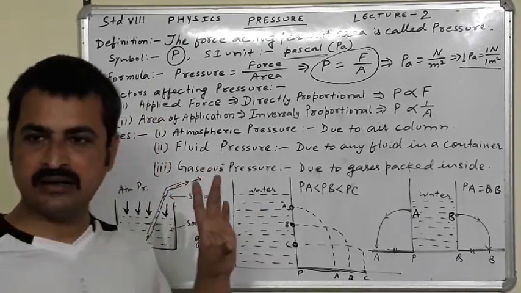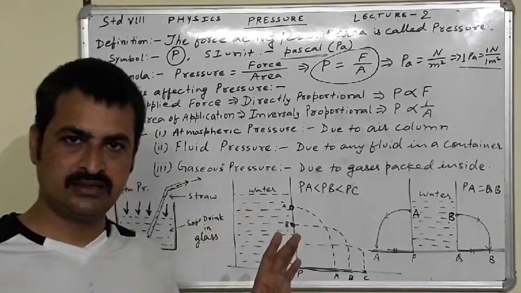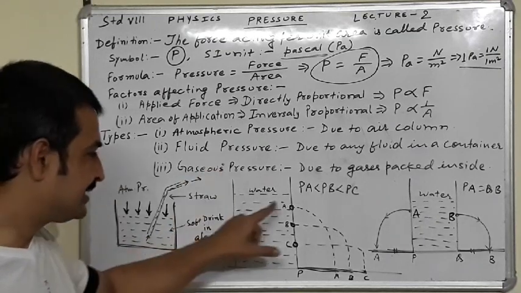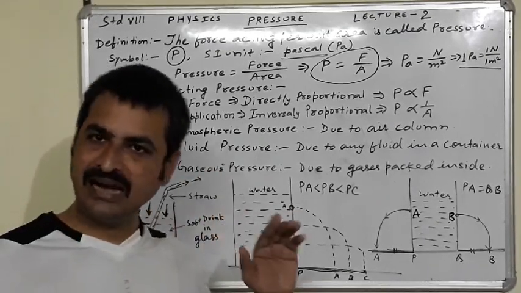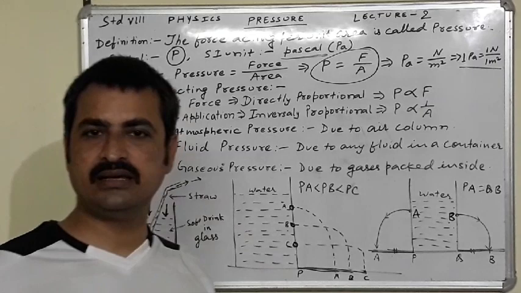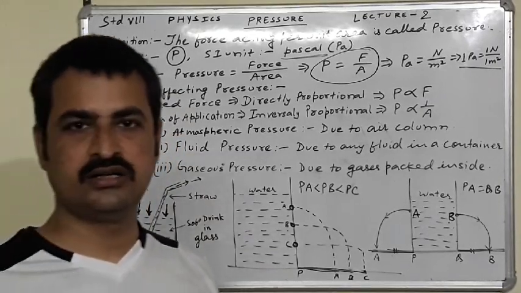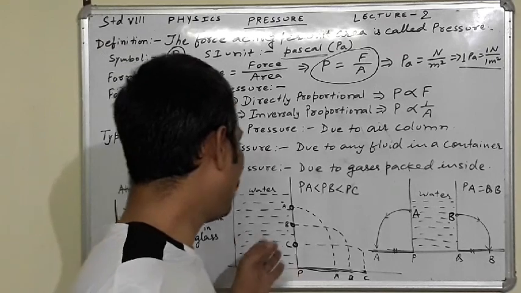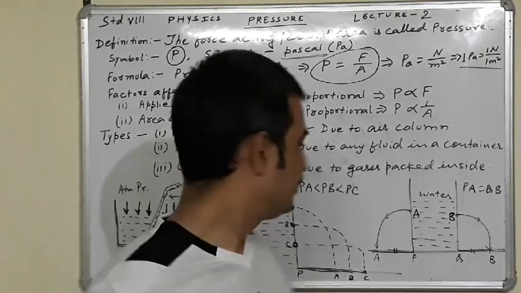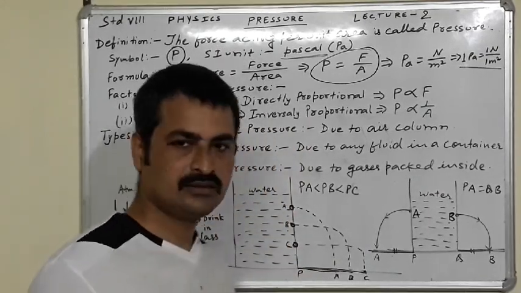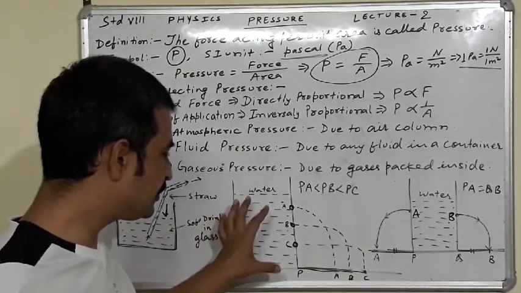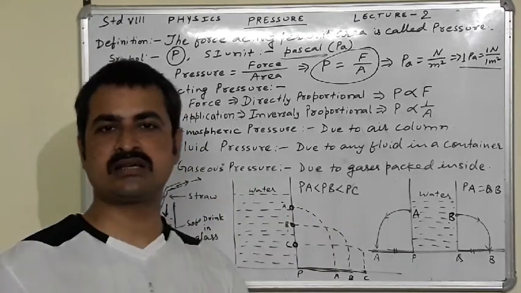To make you understand this, one glass was taken and 3 holes were made at different places. On filling the glass with water, we observe 3 holes, A, B and C, through which liquid is coming out.